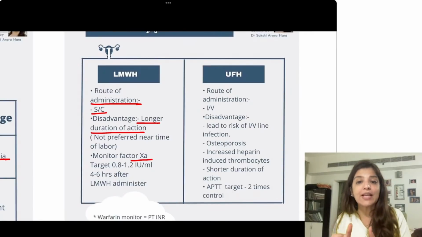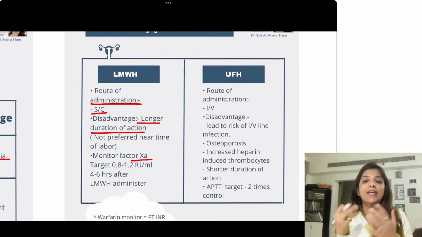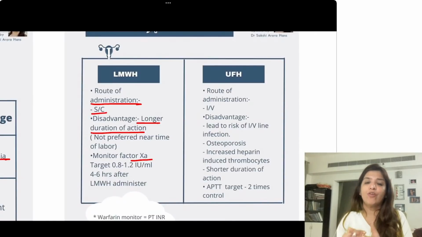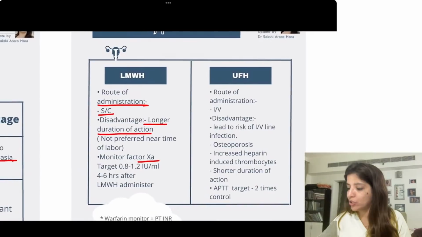Because it has to be given IV, the patient needs to be admitted, right? It cannot be self-administered. Disadvantage of unfractionated heparin is because it has to be given IV, it can lead to infection of the IV lines, osteoporosis, and there are increased chances of heparin-induced thrombocytopenia.